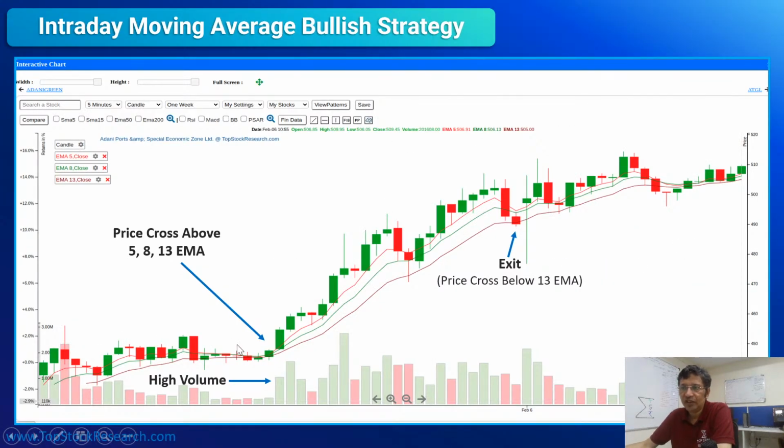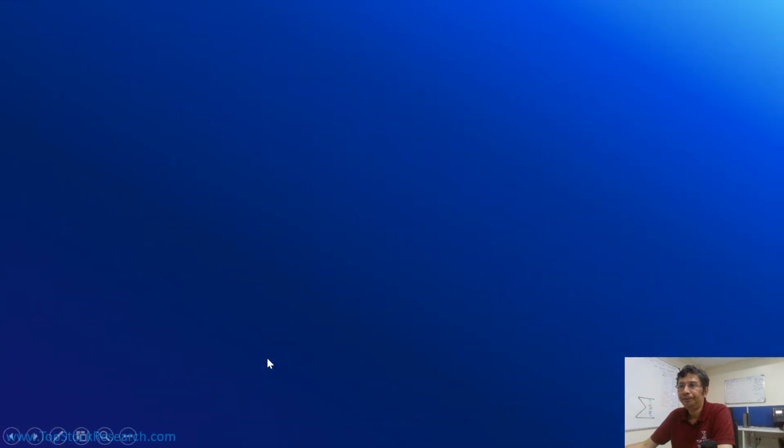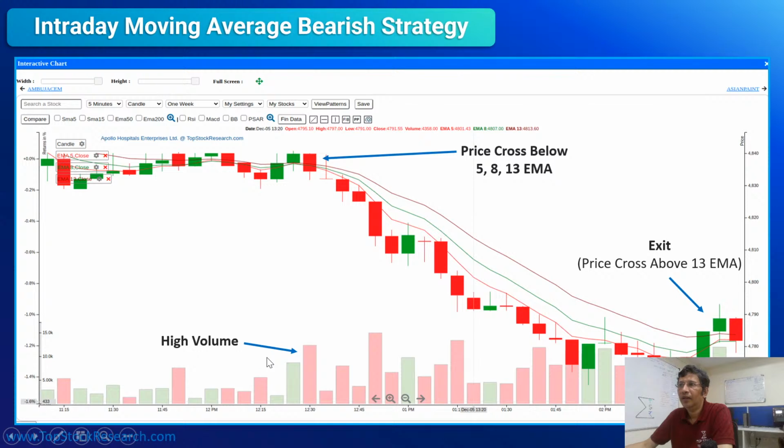All right. So basically the deviation we had is that we were using very small moving averages because we were looking at the intraday period. 5, 8 and 13 moving average is a good strategy for your trades. Just the opposite of that is bearish 5, 8 and 13.